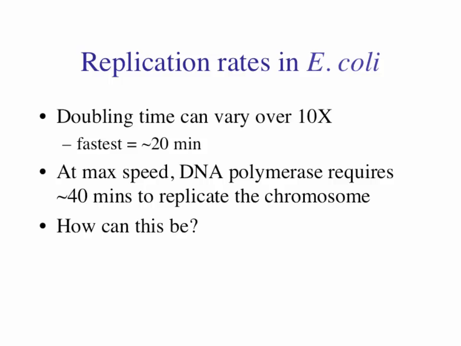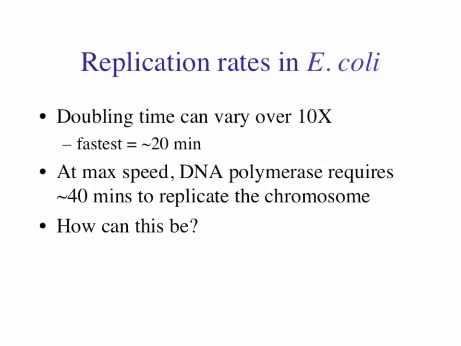Now, let me put a conundrum here for you guys. That enzyme is working really fast to divide the chromosome, to replicate it. And in the lab, we had to say that a speedy E. coli is going to divide about every 20 minutes.